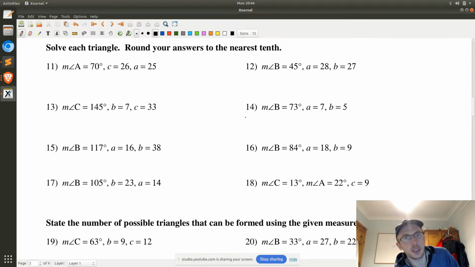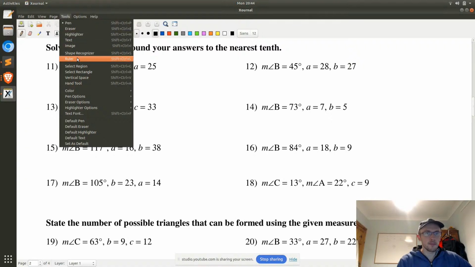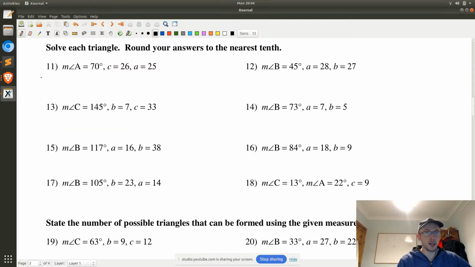Now, in these next questions, we are to solve each triangle. What does that mean? That means find every single missing length and missing angle of the triangle. Okay, so what would that practically mean? Well, first of all, perhaps make the pen smaller.